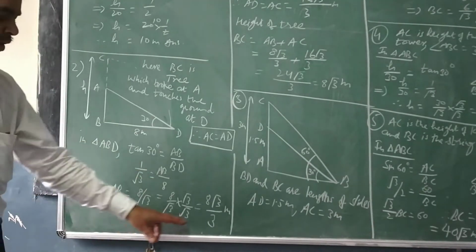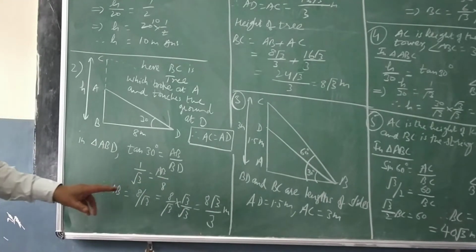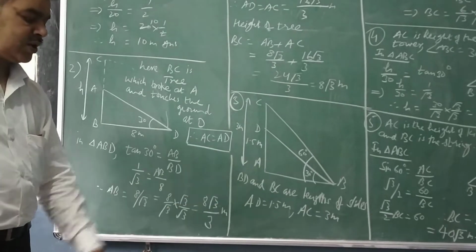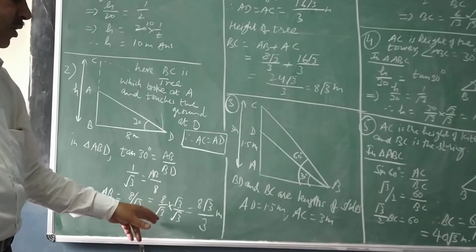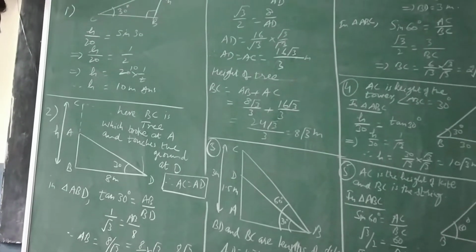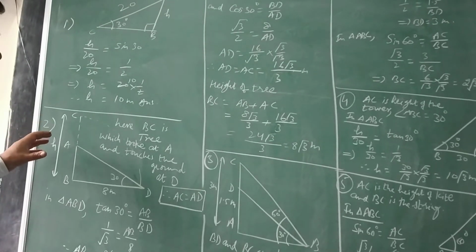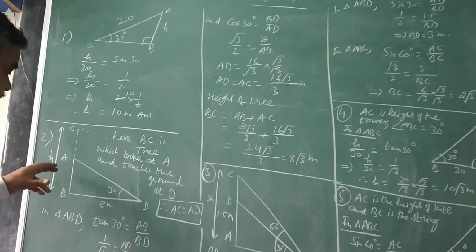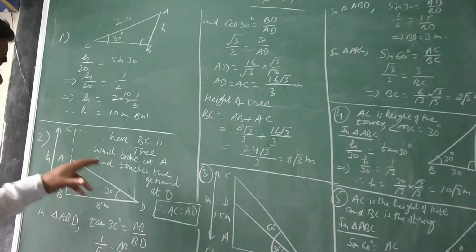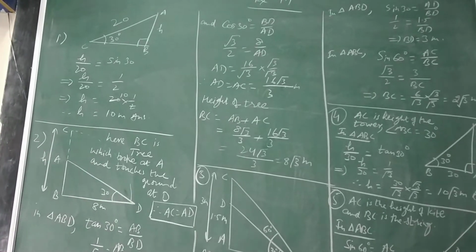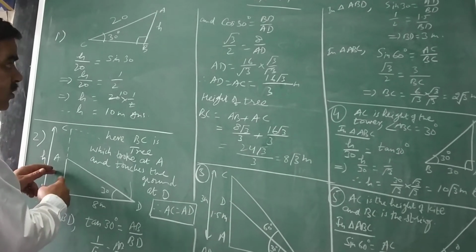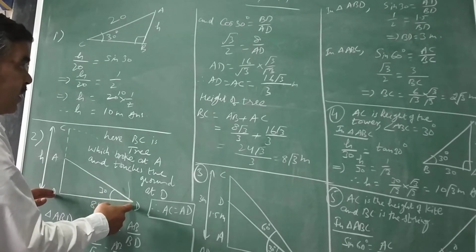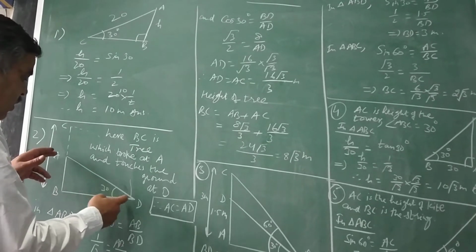So by following this equation, I can calculate AB and you will be reaching at 8 root 3 upon 3 meters. By rationalization I did that. Now to calculate the next part, that is AD. Here is the angle, base I know, and I have to calculate the hypotenuse.